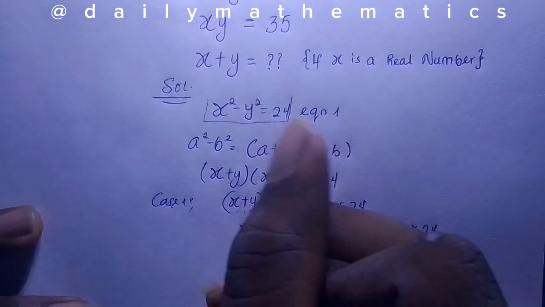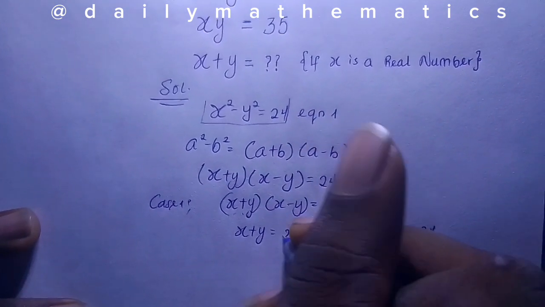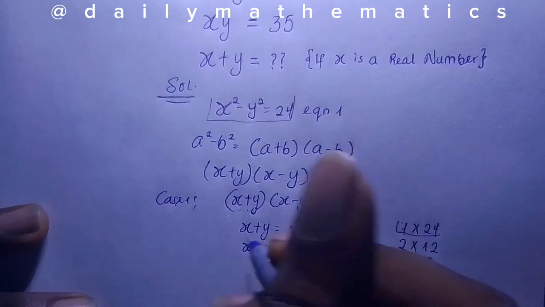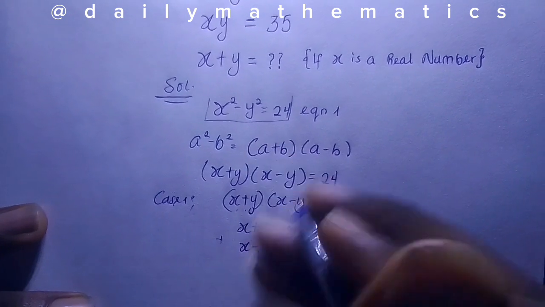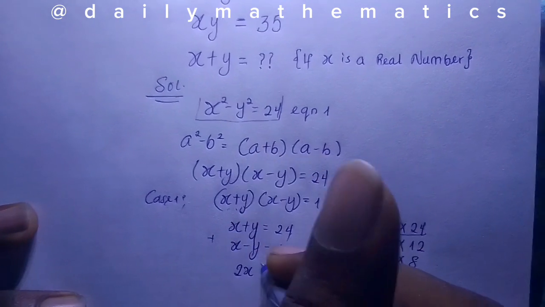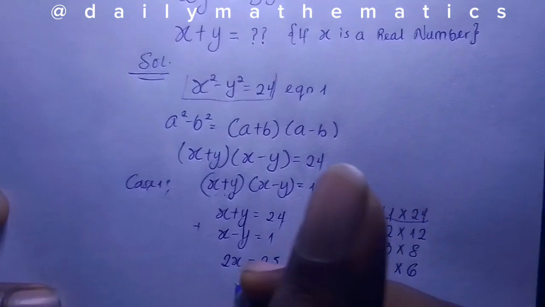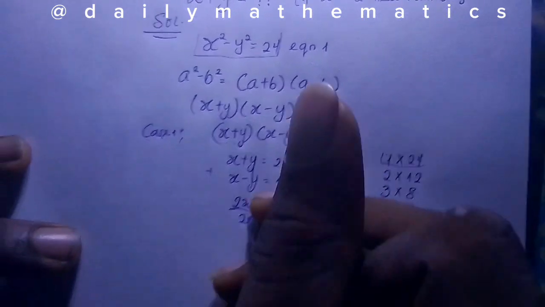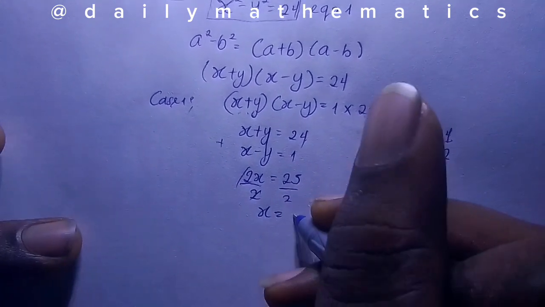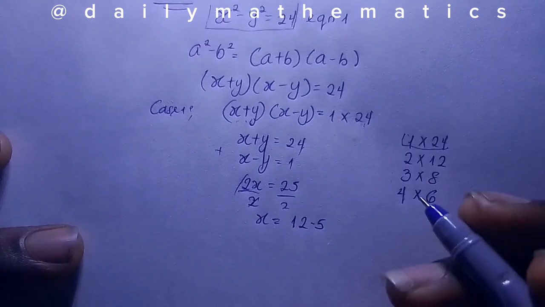So we have x plus y equals 24, then x minus y equals 1. So we add both equations. x plus x gives us 2x, y cancels, we have 24 plus 1 gives us 25, then divided by 2. x equals 25 over 2, which gives us 12.5.